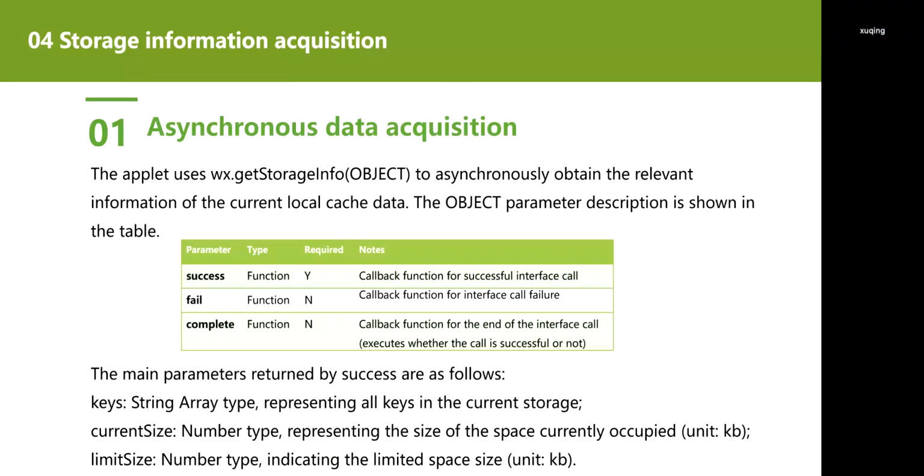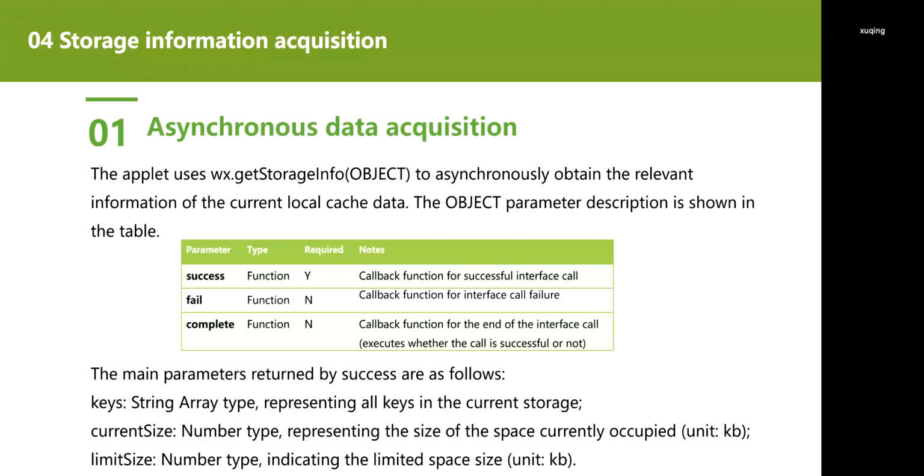The applet uses WeChat get storage info to asynchronously obtain the relevant information of the current local cache data. We have a description of object parameter here in this table. You see we have these 3 parameters: success, fail, complete.